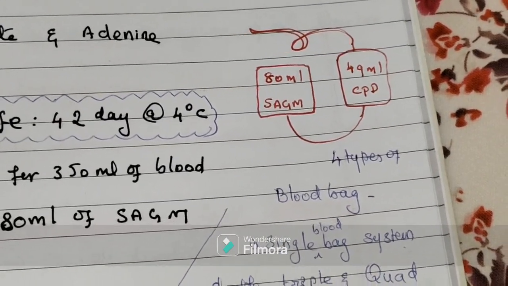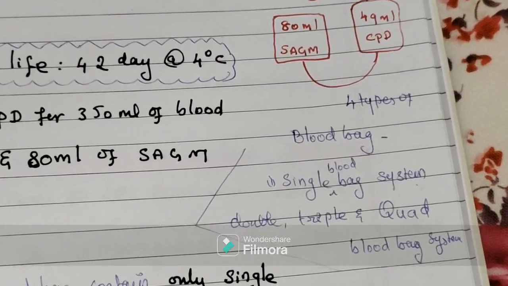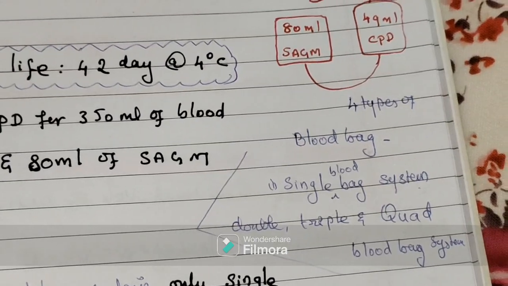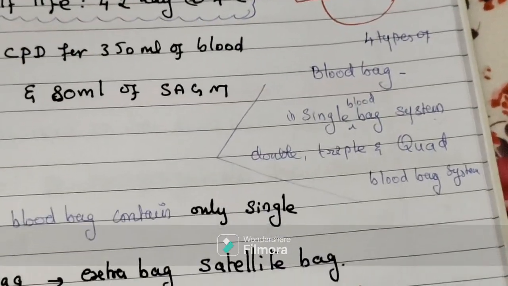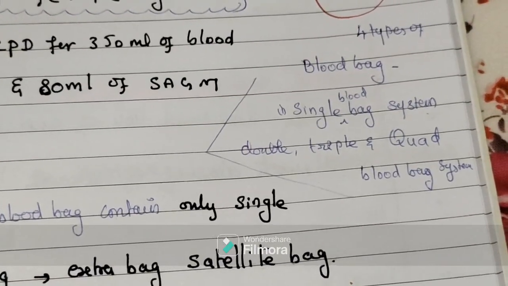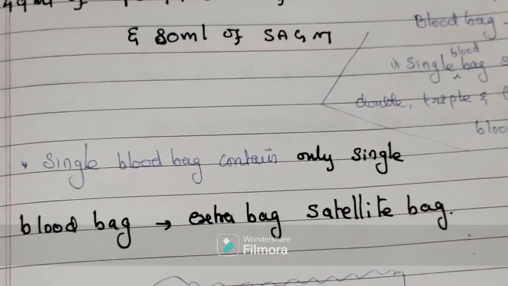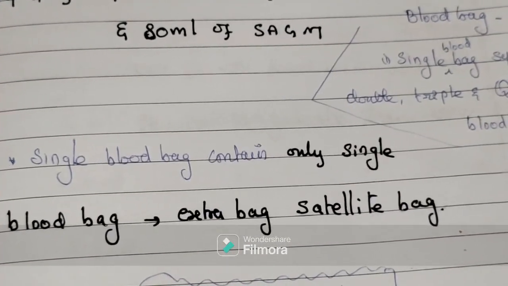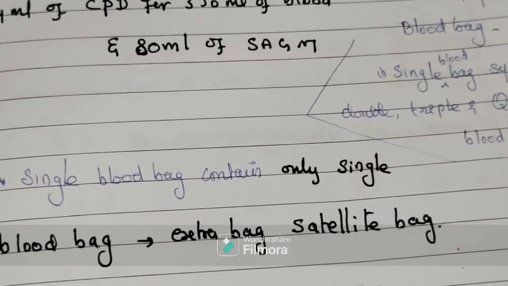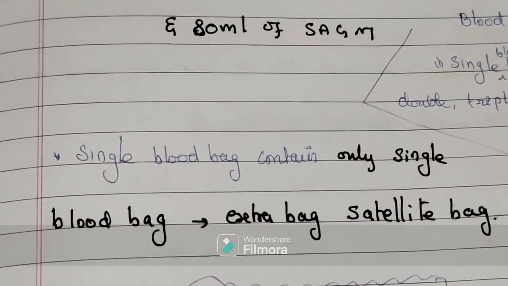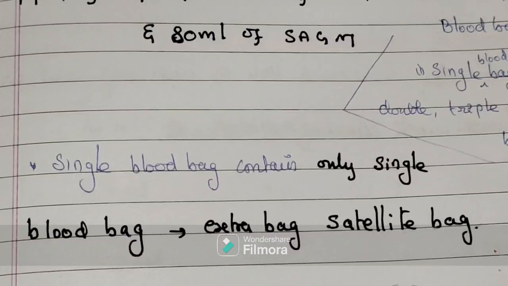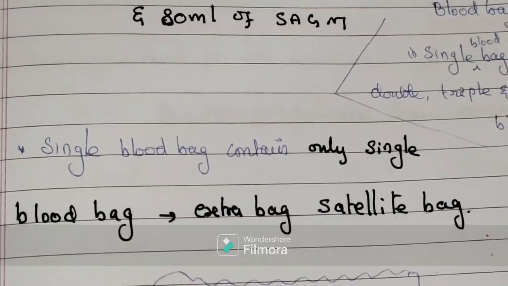In the blood bank we have 4 types of bag systems: single, double, triple and quad blood bag systems. The single blood bag contains only one bag. An extra blood bag is called a satellite bag.